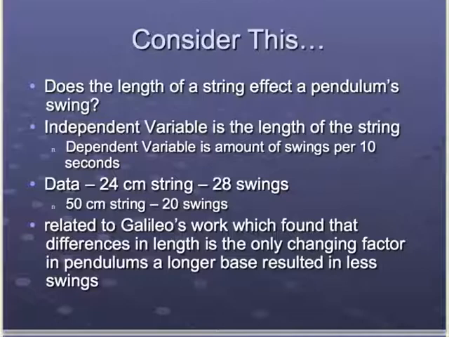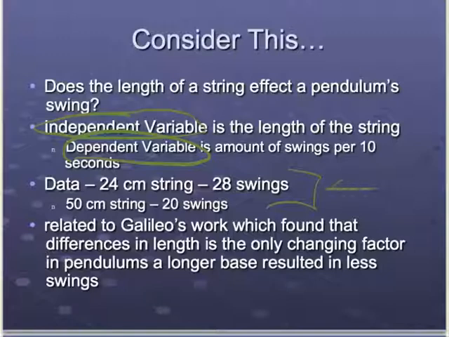Keeping in mind that we need to have both our independent variable and our dependent variable worked into our claim, how could we go about writing a strong claim? Well, we would need to think about what we've learned from our experiment by looking at our data. Our data said that the longer string has less swings. Our independent variable was the length of the string, and our dependent variable was the amount of swings.